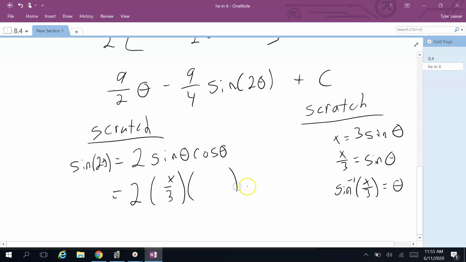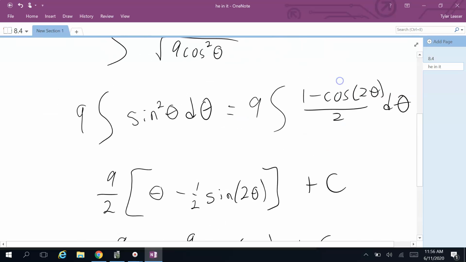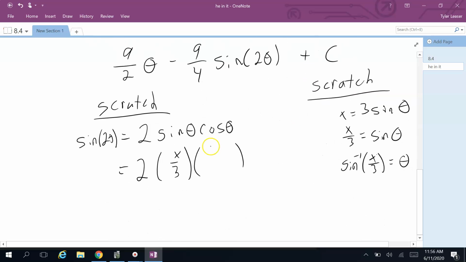Cosine theta is going to be a little bit more work. From these equations up top, I have 9 minus x squared is equal to 9 cosine squared. I'm going to divide by the 9 and then take the square root. So I hope you can see it comes out to be the square root of 9 minus x squared, all divided by 3.